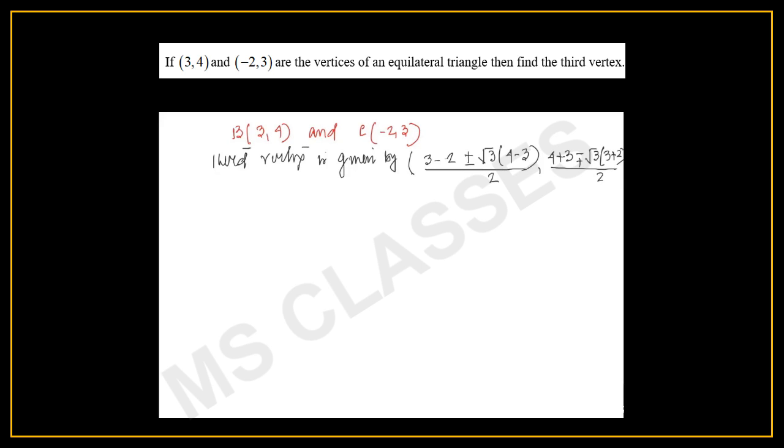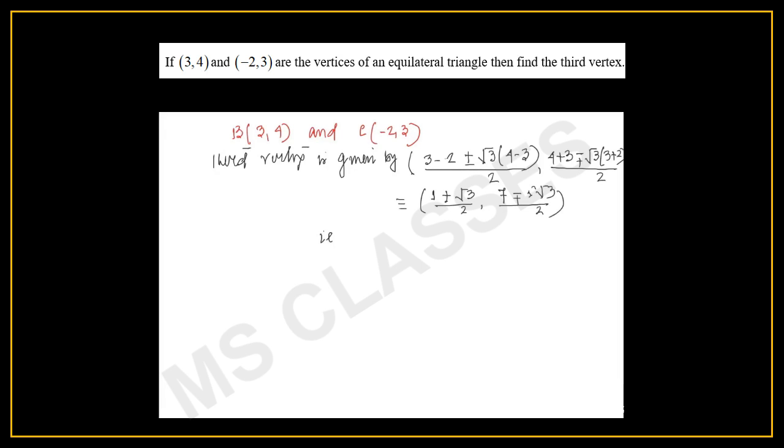So this is the other vertex we get. Now if you simplify, this is 1 plus minus root 3 by 2, comma, next 7 minus plus 5 root 3 by 2.